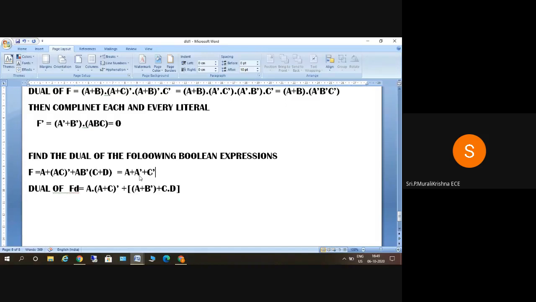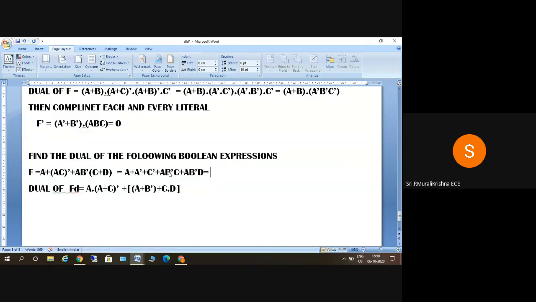So A plus A bar plus C bar plus C. Here we'll expand this: A bar C, A B bar C, A B bar D.